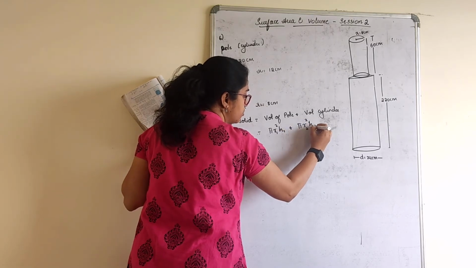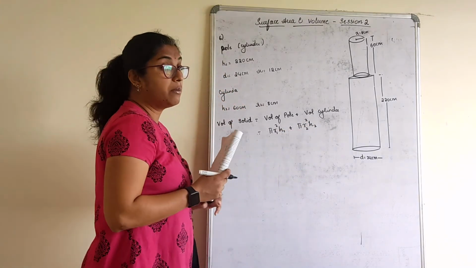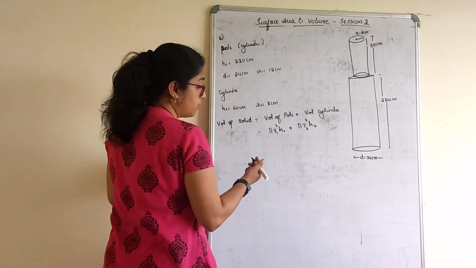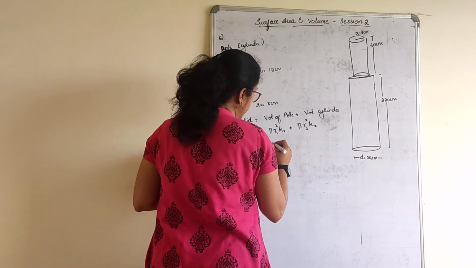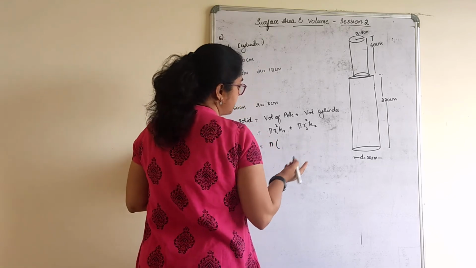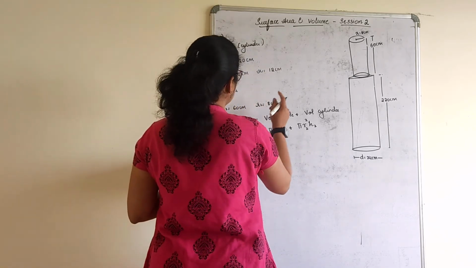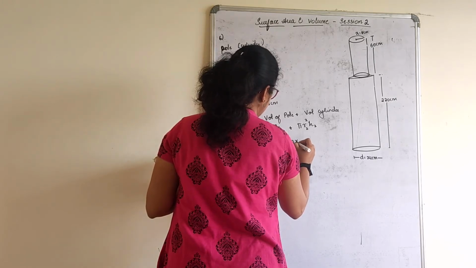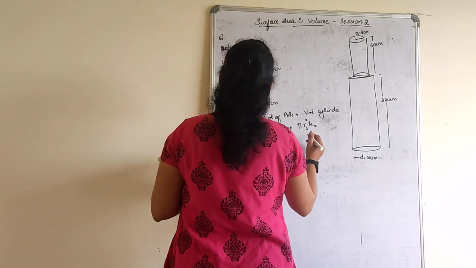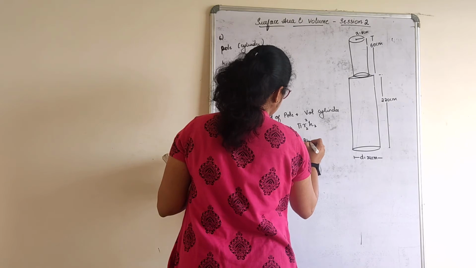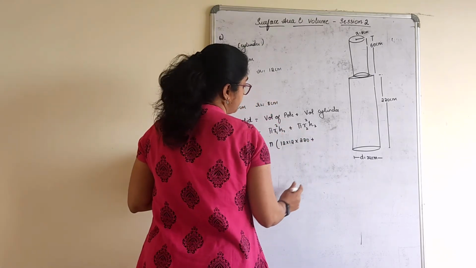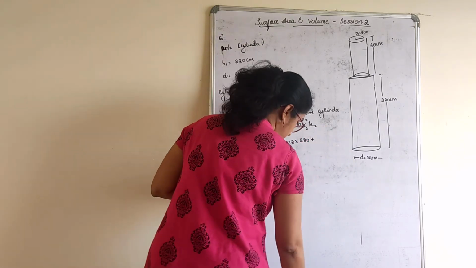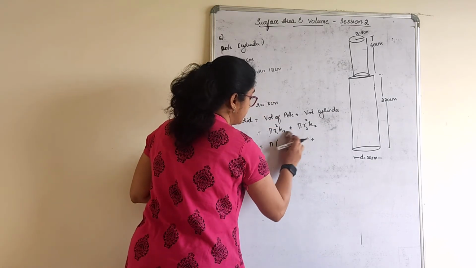So this is R2 H2. To show that both R and H are different. Only take pi common because the rest everything will change. R1 is what here? 12 into 12 into H is 220, plus, or we had to first write the formula, right?